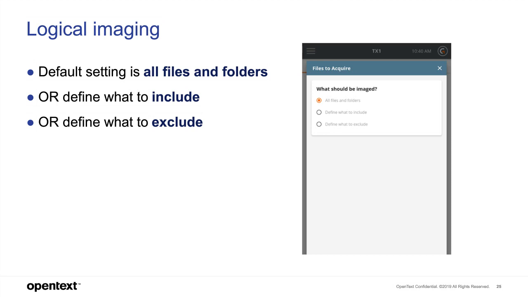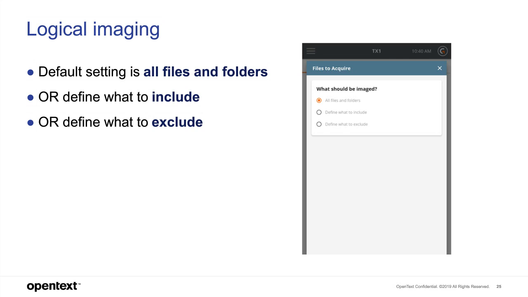What happens under the hood on TX1 to give you all the document files? Well, documents are a file type, just like archives, databases, emails, multimedia, and pictures are file types. They're all searchable by TX1's new logical imaging engine. Each file type has a predefined list of file extensions known to be associated with that type of file.